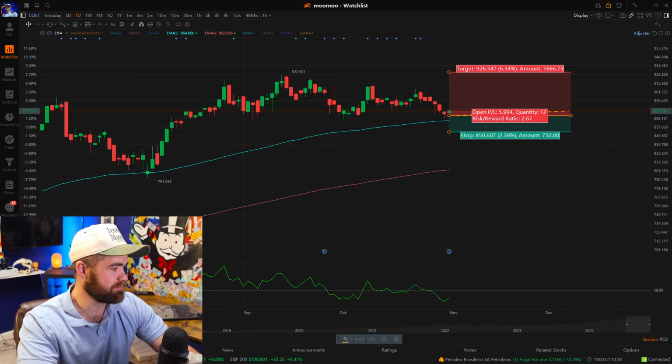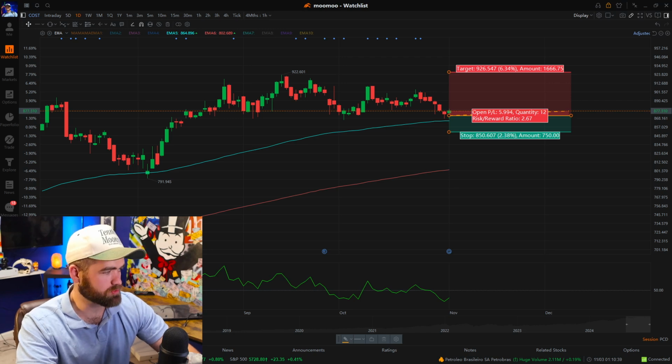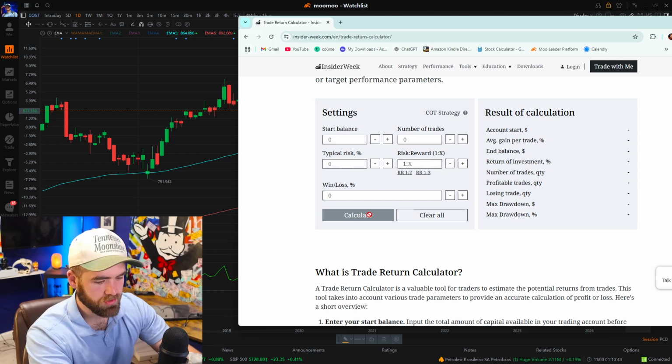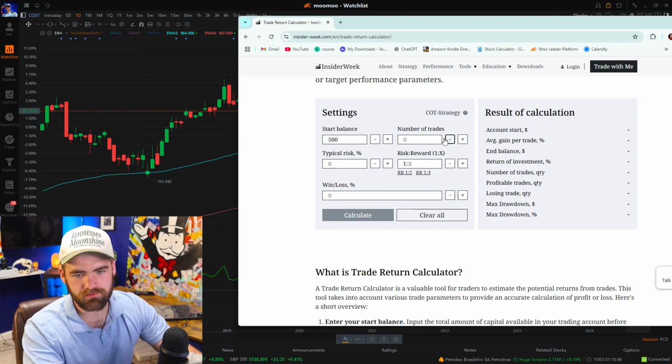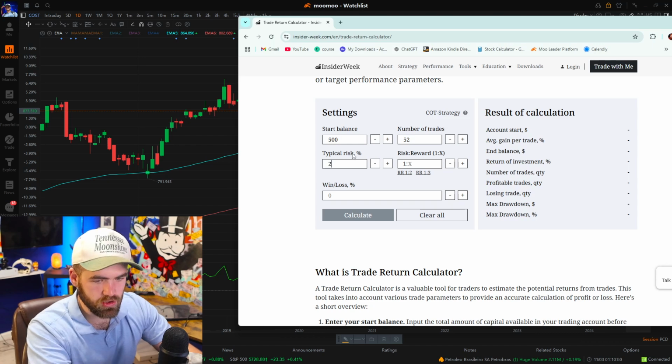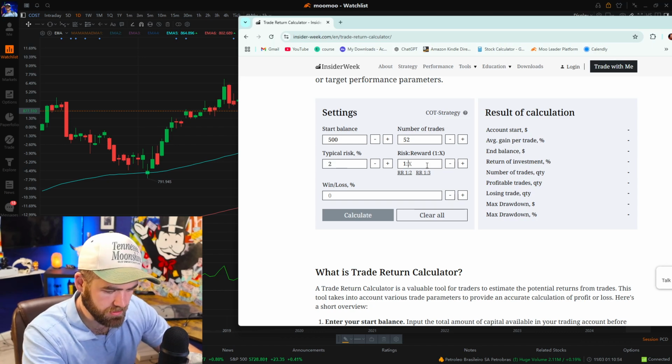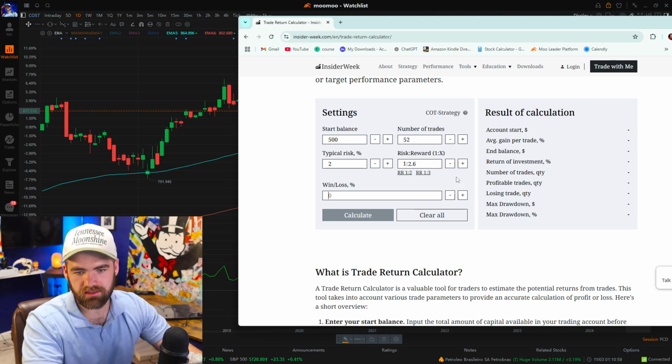I understand that, but look at this here. This is why having good risk management is so important. So imagine if we started out here with like $500, maybe we took one trade a week. We risked that 2%, like I said, with a risk and reward of 0.6 here. Let's go ahead and see that.